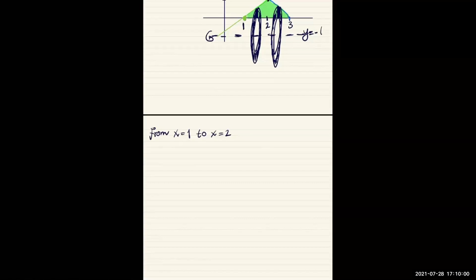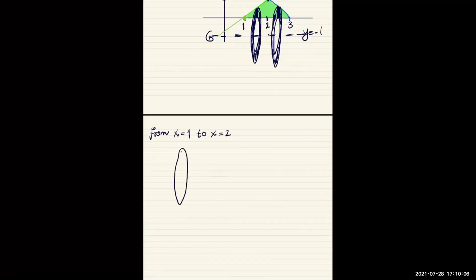I'm going to graph that washer out here. This was, again, that strip that we took.